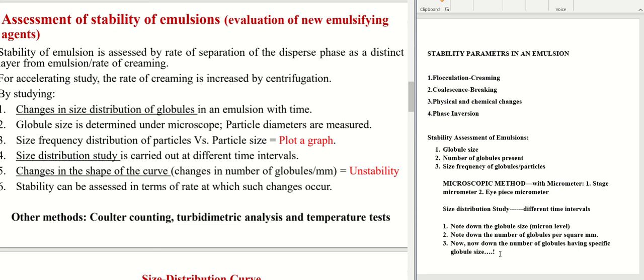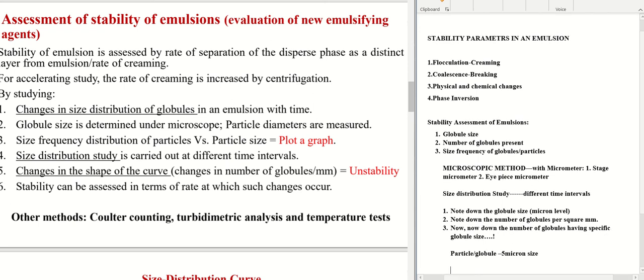Now, for example, consider a particle or globule having 5 microns size.